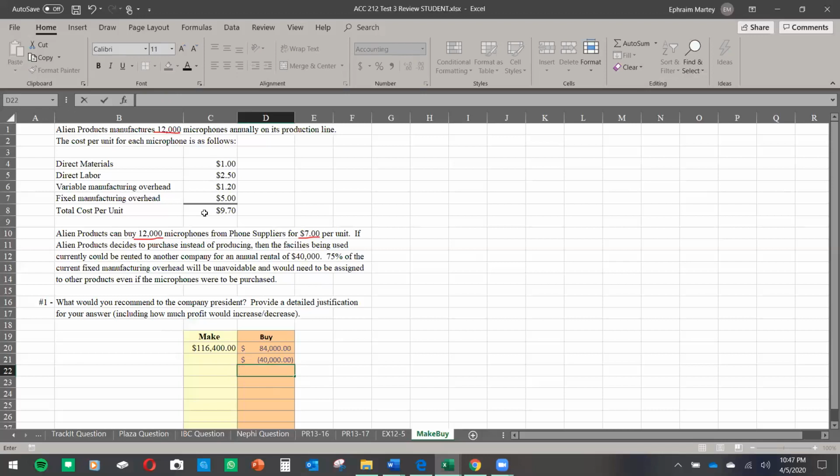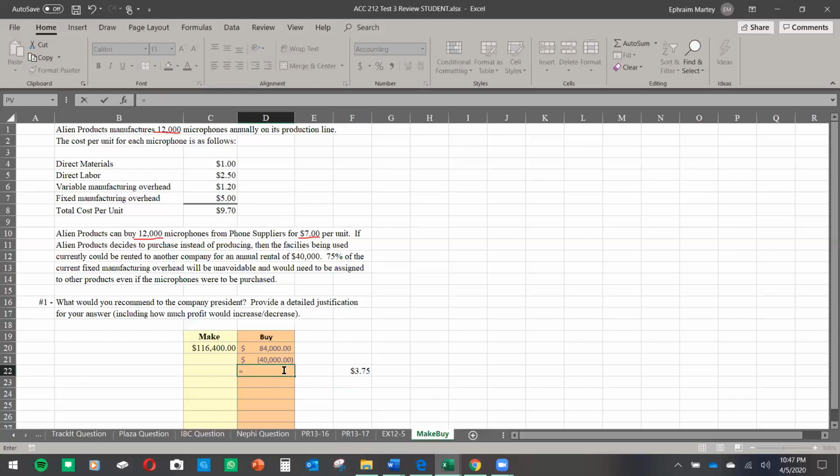So what is 75% per unit? We have 0.75 multiplied by this. So every unit, they will have to spend $3.75 on fixed manufacturing costs.